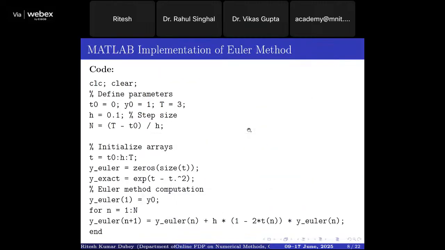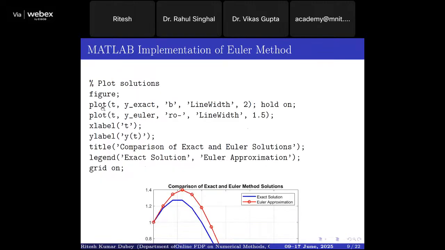For example, I am using this plot, and in this slide we are using b, means blue color, and line width 2, and we can put the legend exact solution and order approximation. So depending on the order, in the code on the slide, first we plotted the exact solution, and in the second line we are plotting the solution given by the Euler method.